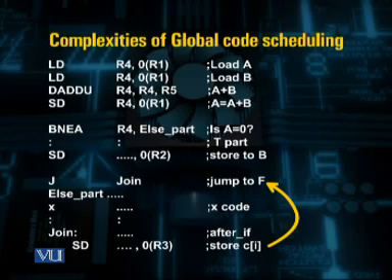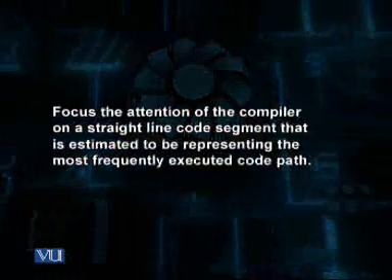The above discussion reveals that global code scheduling is an extremely complex problem, and we have to look into certain techniques to simplify its complexities. In order to simplify the complexities of global code scheduling, we will now discuss two different methods.